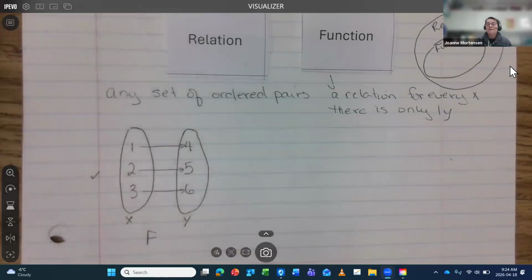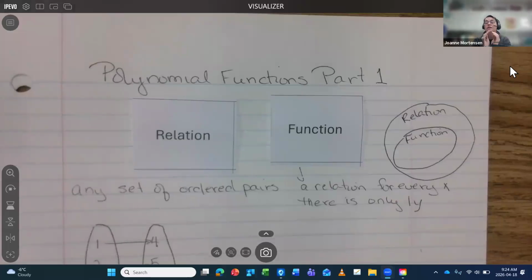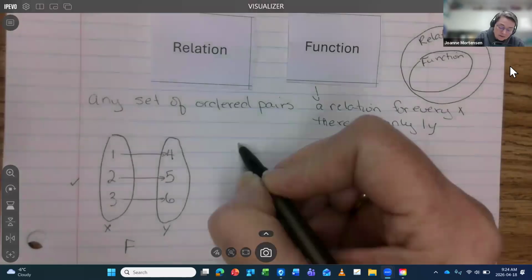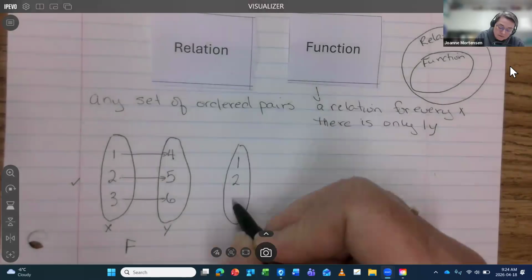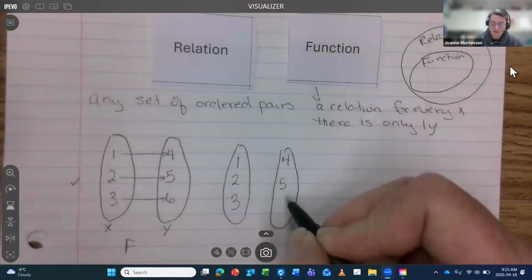I'm going to bring the picture down so you can see it. Every one of these diagrams is a relation. We are just looking for the little subset that are functions, because functions have a bunch of extra rules, qualities that we can apply. All right. 1, 2, 3, 4, 5, 6.